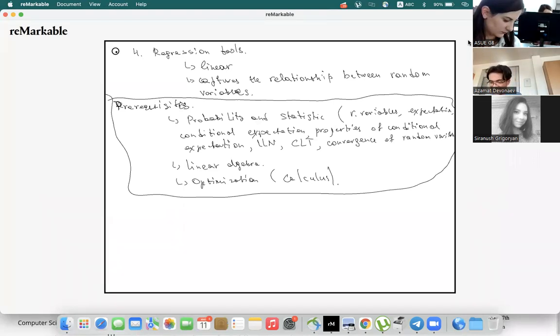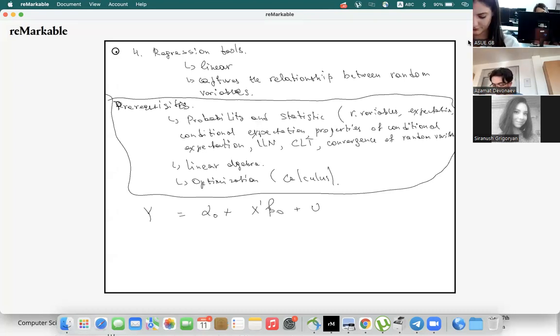Basically, the regression is written in the following way. You have some y that depends on x plus some unknown, unobservable variable.